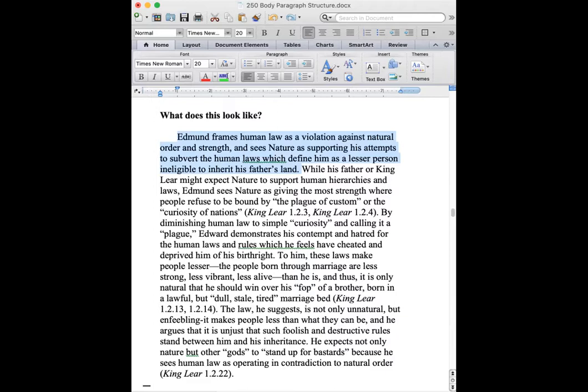And you'll notice that it's both referring to a character and a very specific moment in the plot, but it's also invoking larger conceptual issues and conversations happening throughout the play.